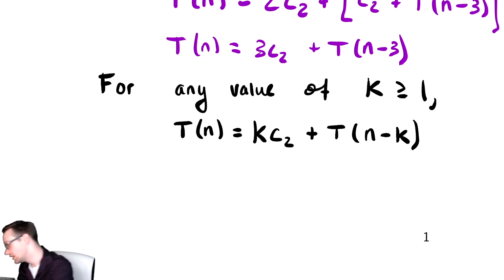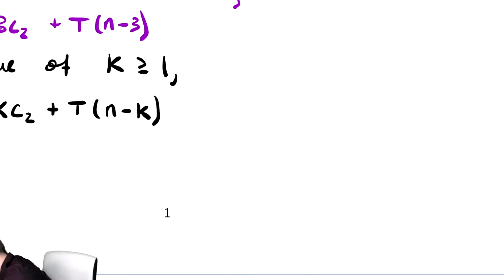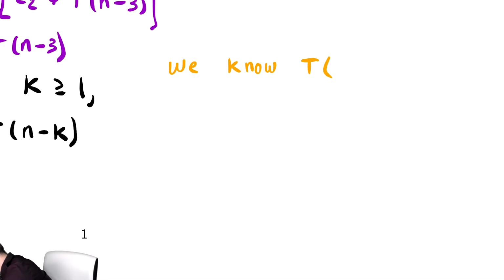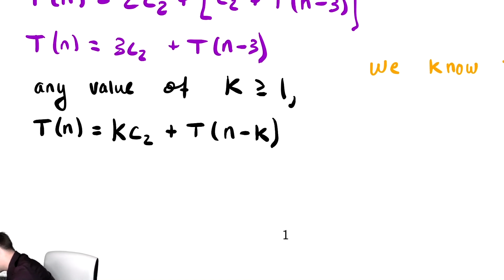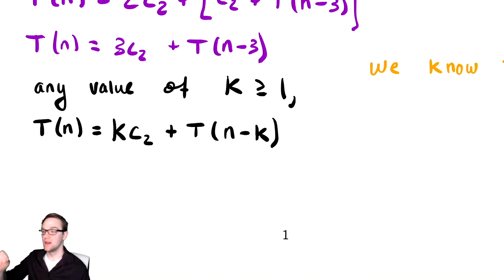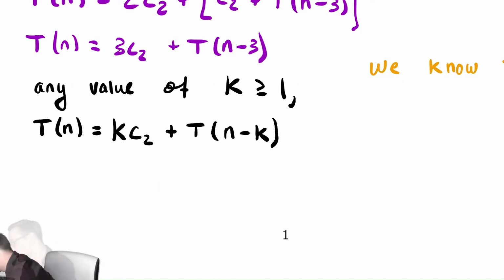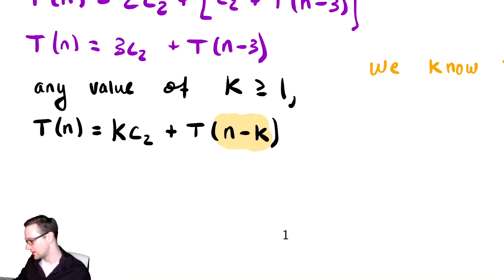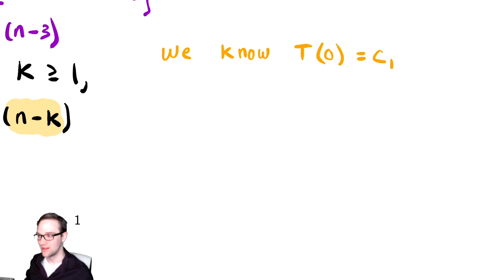Why is this helpful to me? Well, we know off to the side that T(0) is equal to c1. And now I have an expression inside of T for any value of k. If I chose a very special value of k, such that the inside is equal to 0, we can use that fact.